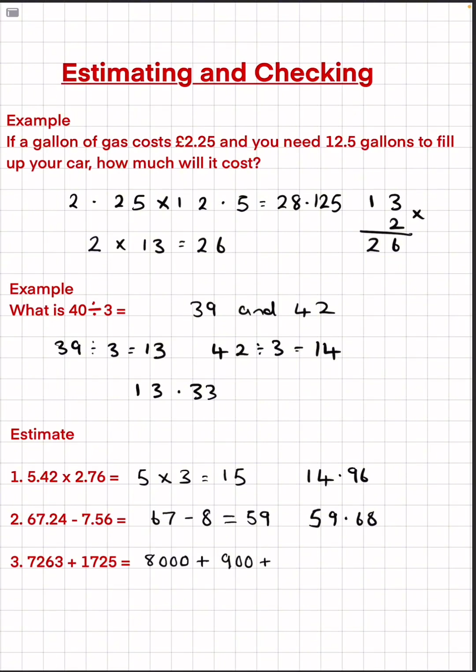Next, we can add the tens. 60 and 20 is 80. And 3 and 5 is 8. To work out the answer, we can add these numbers together. So we've got 8,988. So the answer to this calculation is 8,988.